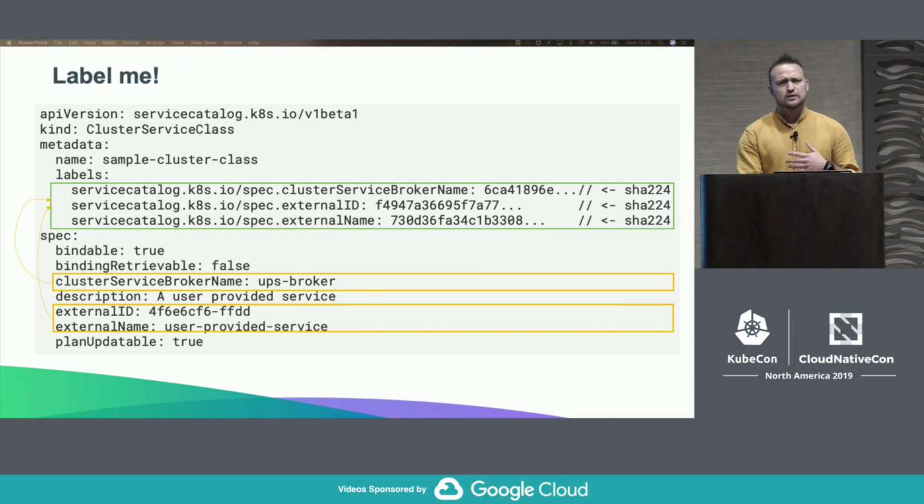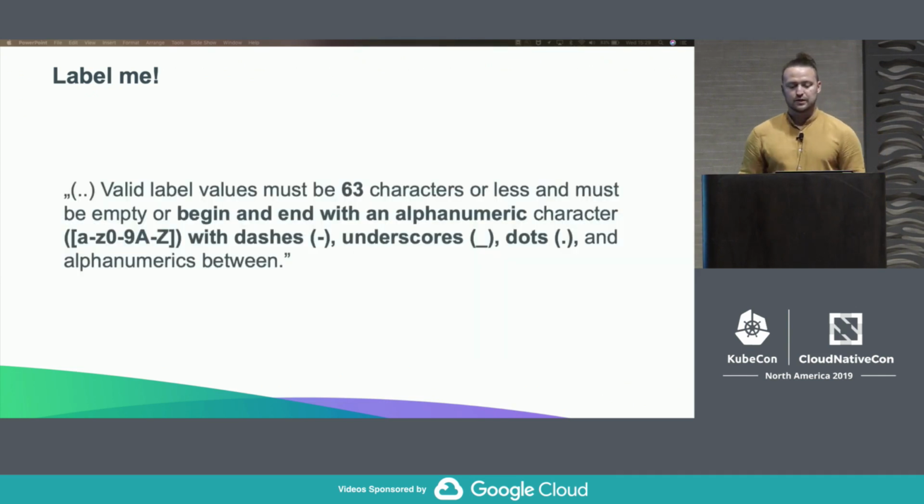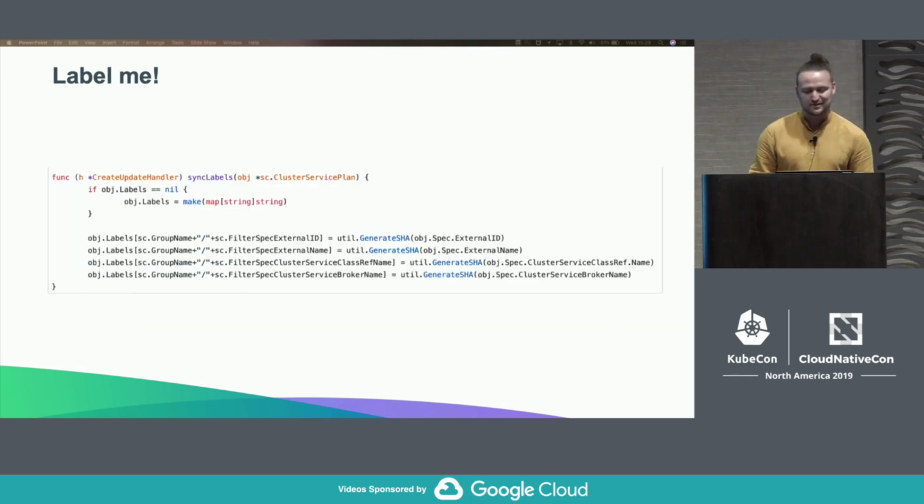A similar approach is also implemented in Prow. What you need to know is that there are some restrictions on label values. First off, they are limited to 63 characters and have strict rules about allowed characters. At the beginning, we forgot about that, but now we have already fixed that just by taking the SHA of the given value.